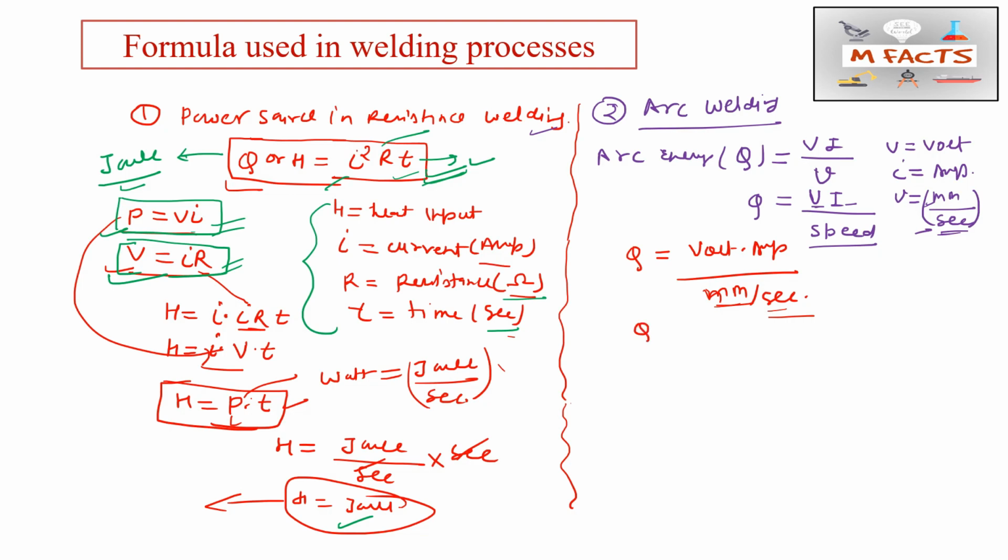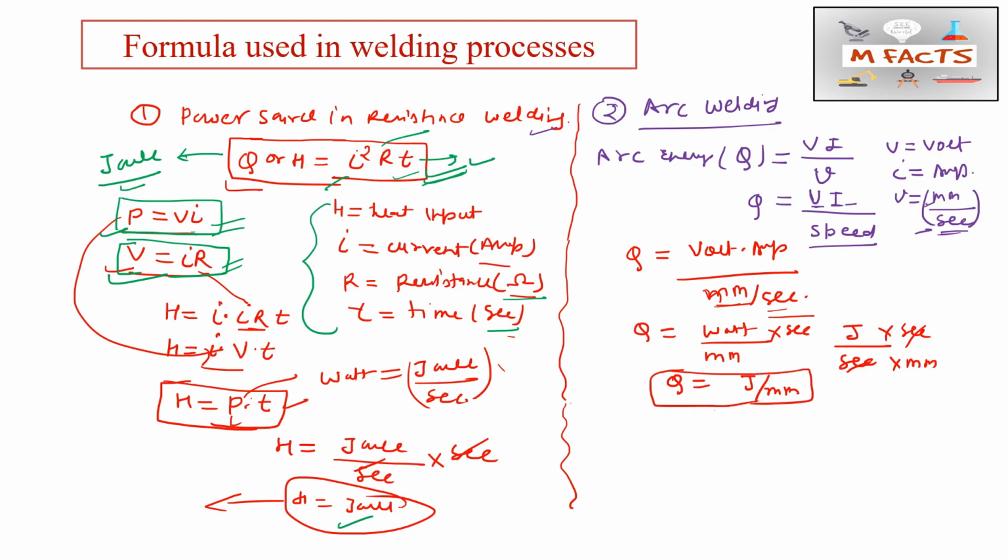Q is equal to volt ampere, that is watt, divided by speed, so seconds come upside. This watt is joule per second, multiplied by second, so the seconds get cancelled, and Q will be joule per millimeter, or joule per meter or joule per centimeter.